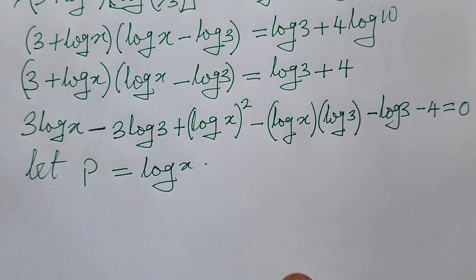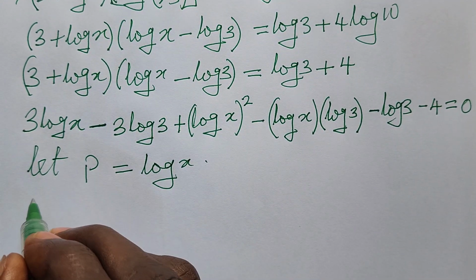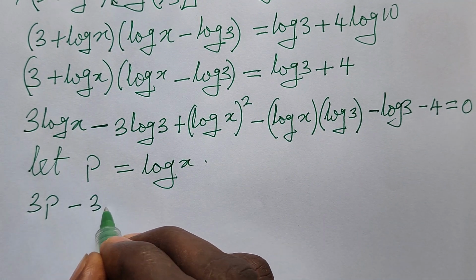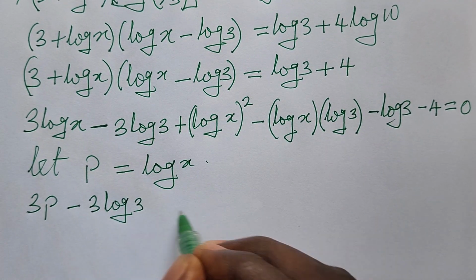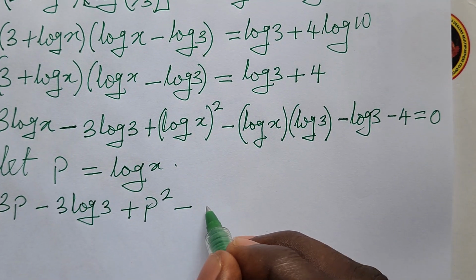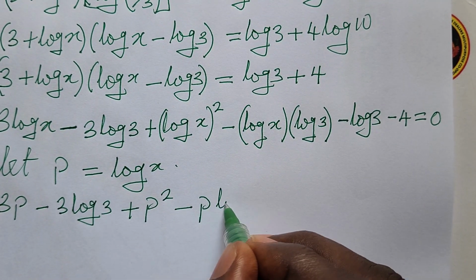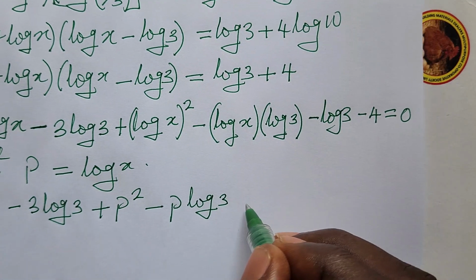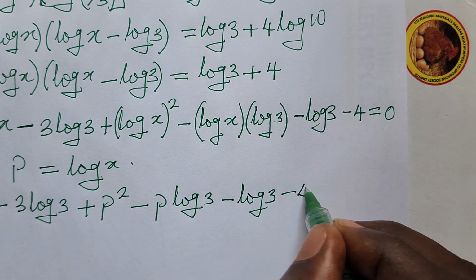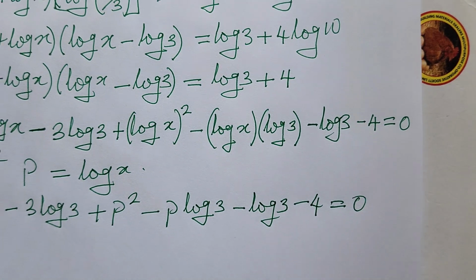So we can write this to give us 3p minus 3 log 3, plus p squared, minus p times log 3, then minus log 3, and minus 4 equal to 0.